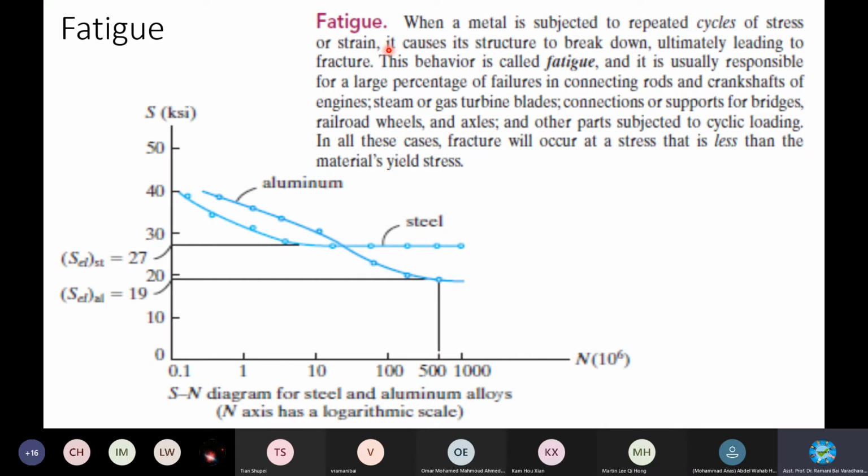Strain is the deformation due to the external force. It causes its structure to break down, ultimately leading to fracture, right? Always remember that curve. It was elastic, getting back, and then started yielding, an internal crack I can say, and then slowly reaching ultimate, started breaking.